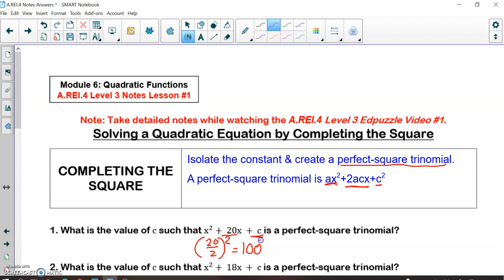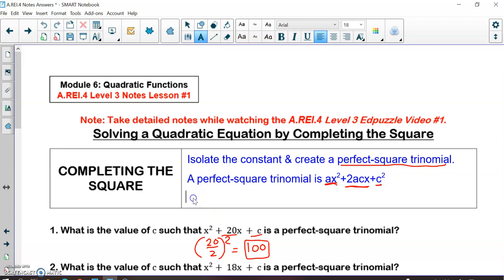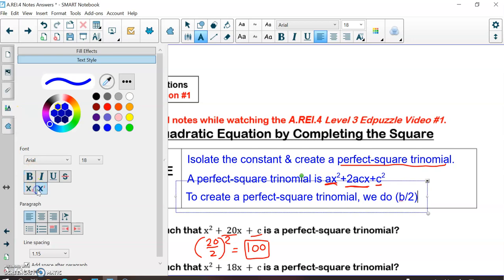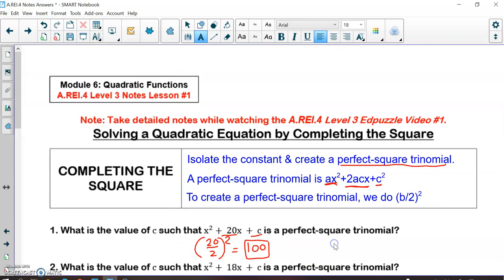So your c, your constant, would be 100 in this equation to make it a perfect square trinomial. So let's add that in the notes section. To create a perfect square trinomial, we do b divided by 2, and then we square that.